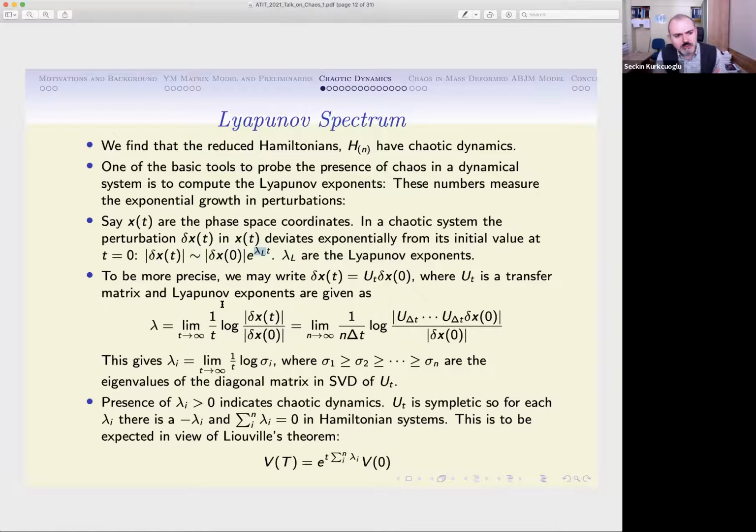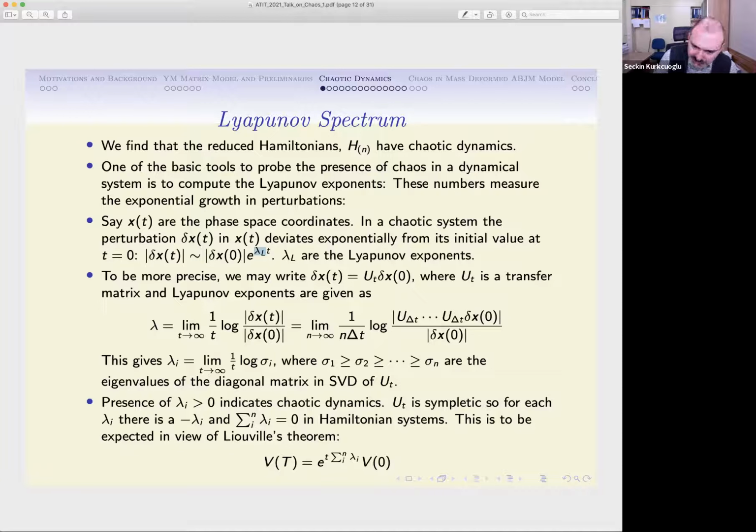Let me just confine my remarks to Hamiltonian systems. The Lyapunov discussion can be given in a more mathematically oriented way, where a system of differential equations can lead to some definition of Lyapunov exponents.